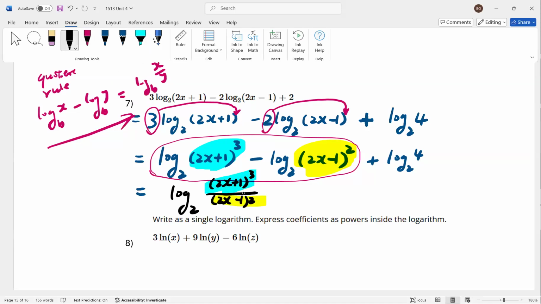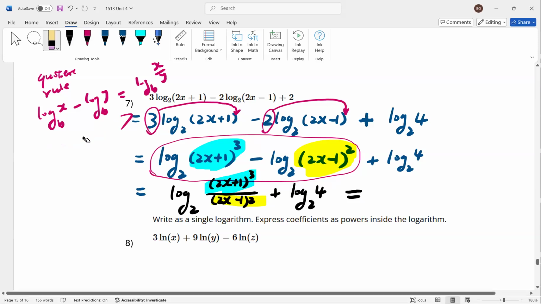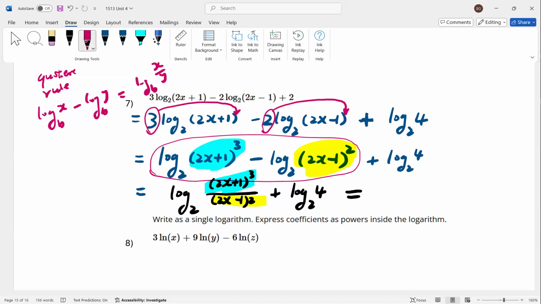Don't forget, we have a log with base 2 of 4. And next step, we are going to condense by using the product rule. Product rule says log with base b of x plus log with base b of y equals log with base b of x times y.